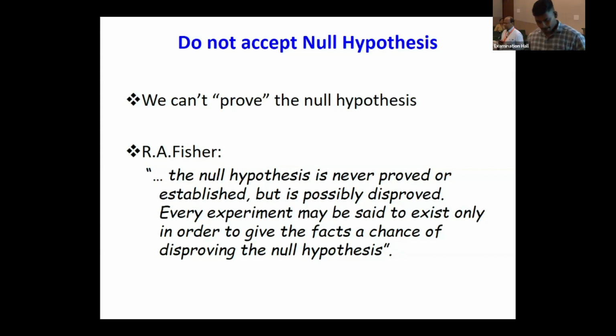I presented this data. What would you do? What do you conclude? You need to make a decision. And I realized that they were not updated with the equivalence concept and non-inferiority. So therefore, this is very important. Don't ever accept the null hypothesis.